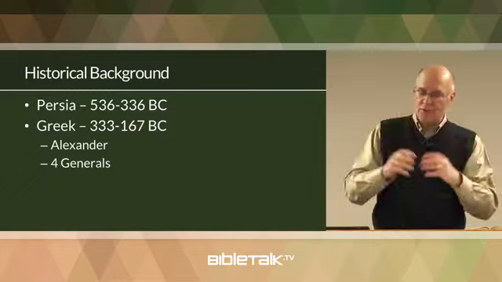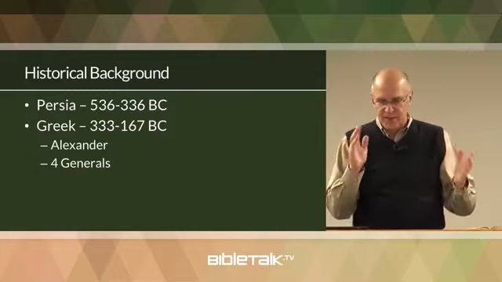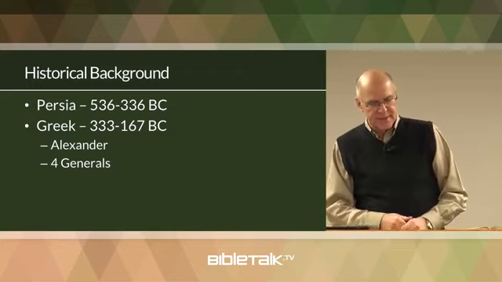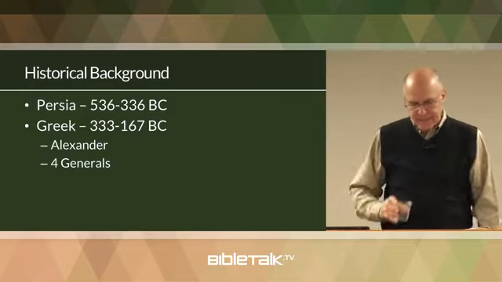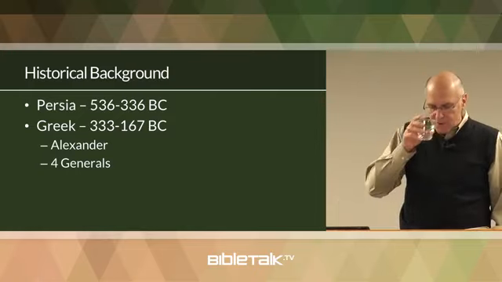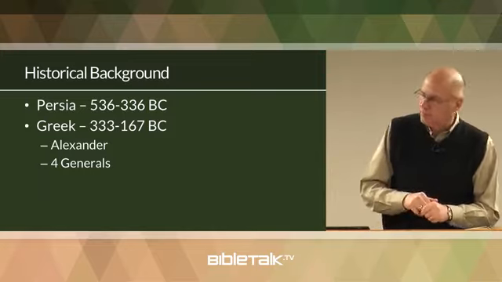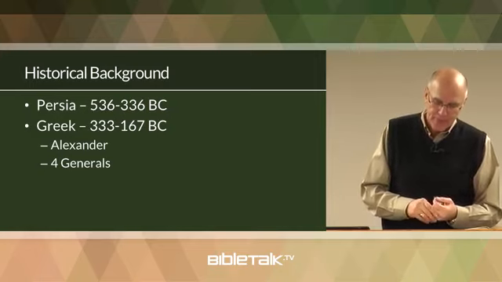Another era, if you wish, you had the Persian era, 536 to 336 BC, and then the intertestamentary period. Then you had the Greek period, 333 to 167 BC, the time of Alexander the Great and his legacy. After Alexander's death, we know that his kingdom was divided among his 4 generals.